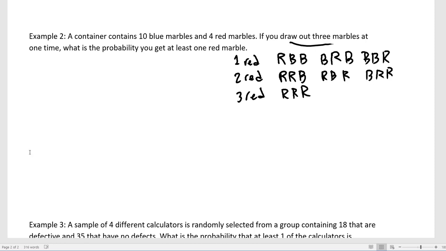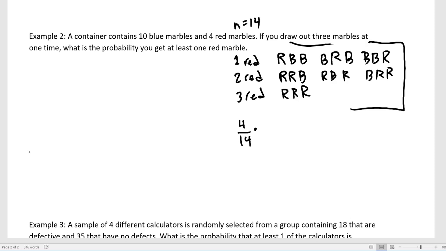So when they say at least one of them is red, I have to figure out all of these different probabilities and add them up. Well, what's the probability of getting 1 red? Well, probability of the first one being red would be 4 out of a total 14, a 10 and 4, times, what's the probability the second one's blue?